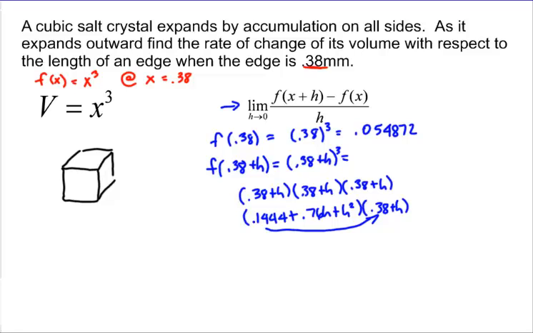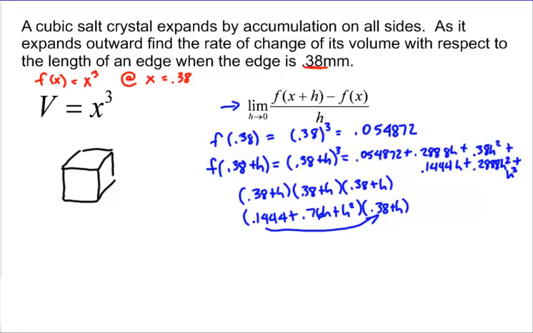And when you do that, you should end up with 0.054872 plus 0.288h plus 0.38h squared, plus, I'm running out of room here, 0.144h plus 0.28h squared plus h cubed. Whew, that's a long one.